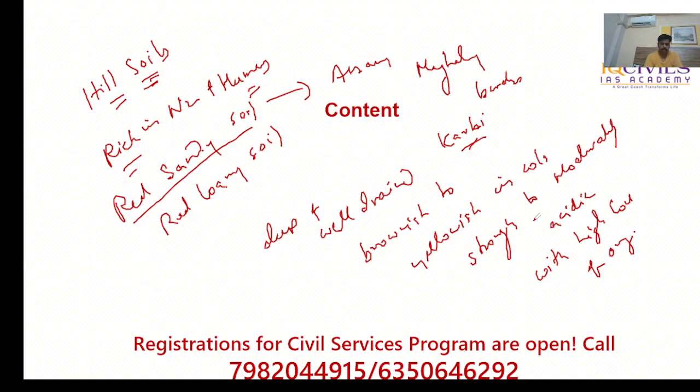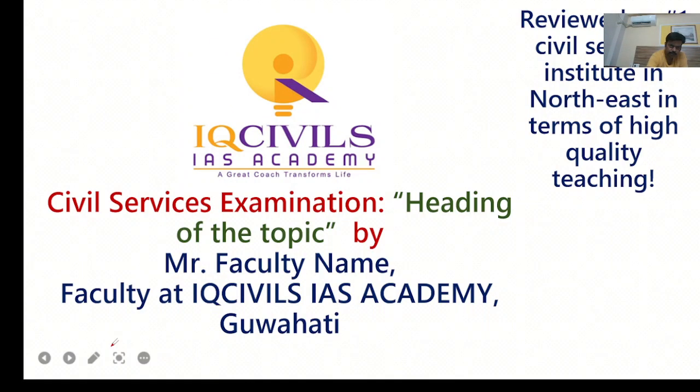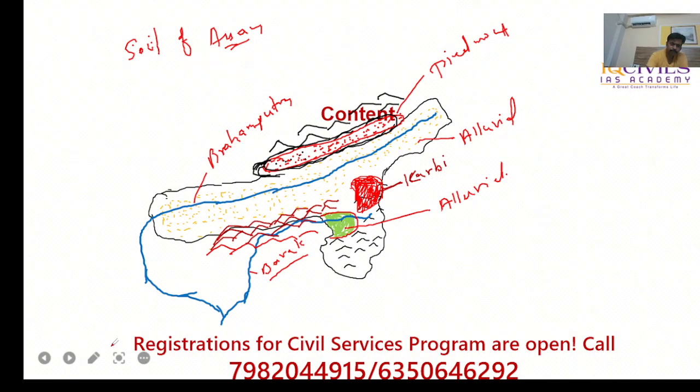Now, this is red sandy soil. Then red loamy soil. Come to the red loamy soil. If you see the red loamy soil, it occurs in the narrow southern foothills along the Assam border with Arunachal Pradesh and Nagaland, isn't it? Now, where is the red loamy soil? See here on the map. So, red loamy soils are found in the narrow southern foothills along the Assam border and Arunachal Pradesh.